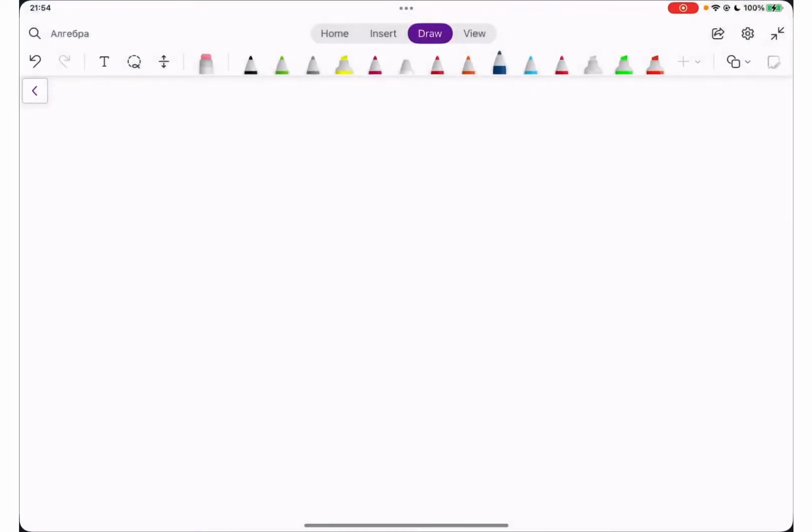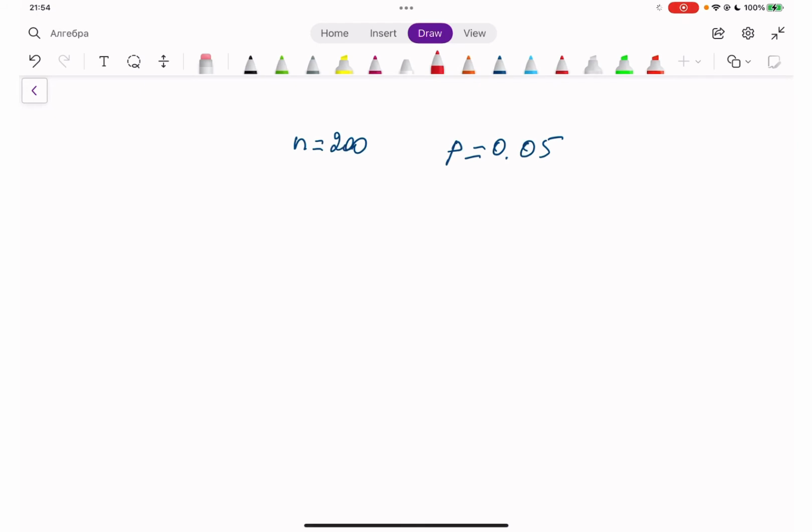Now, to find the test statistic, that's what we need to do. Let's write down the formula and go from there. So the test statistic, which is Z, is equal to P hat minus P over the square root of P times 1 minus P over N. Okay?